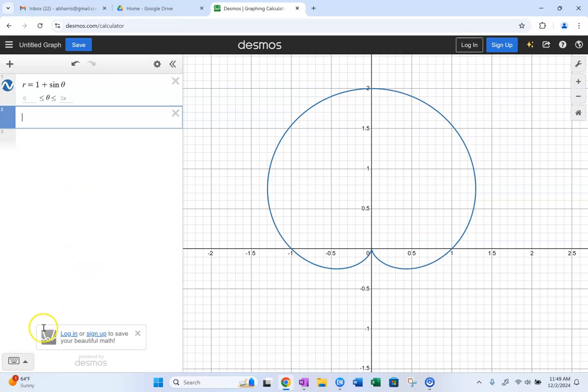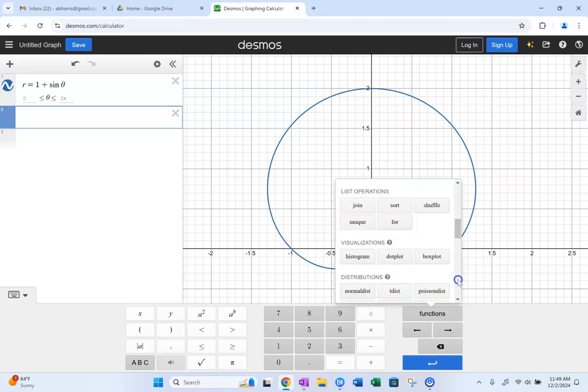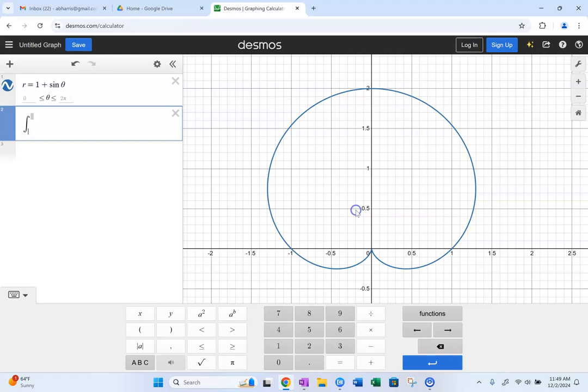So we're going to integrate. Let me find my functions here. Let me go down to the calculus. It's down here, and I'm going to integrate from 0 to 2 pi. And I'm going to go square root, let's see, I got to put this whole thing in parentheses, square root of 2 plus 2 sine of theta, d theta.